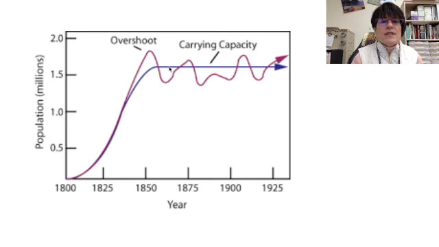This average is how many organisms can be carried by that environment and can live there with those particular limiting factors, be they density dependent or density independent. A lot of times it's more the density dependent because it depends upon the number. That's why it fluctuates up and down here.